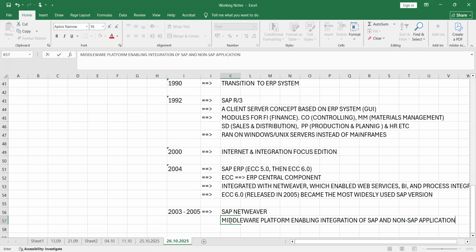So in the year 2005, with the help of SAP NetWeaver, it made a relation between SAP and non-SAP applications.